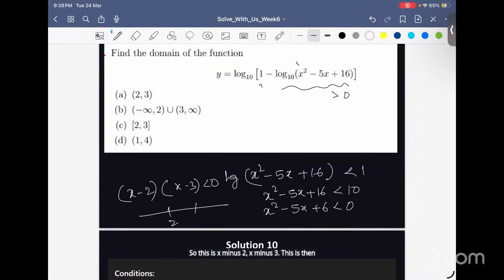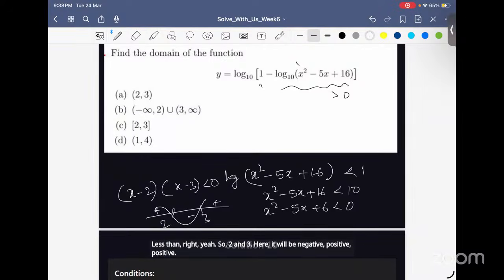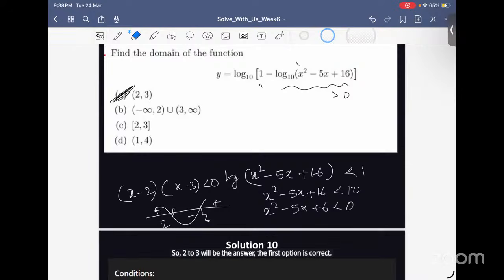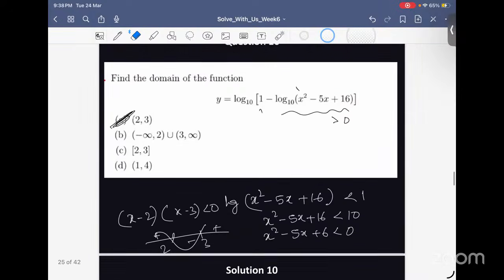So is this correct? Yes, sir. Or the opposite? Less than, right? Yeah. So 2 and 3. Here it will be positive, negative, positive. So 2 to 3 will be the answer. The first option is correct. Anyone has any doubt in this?